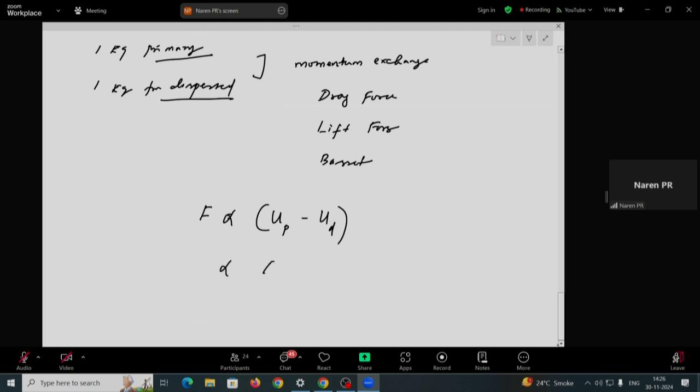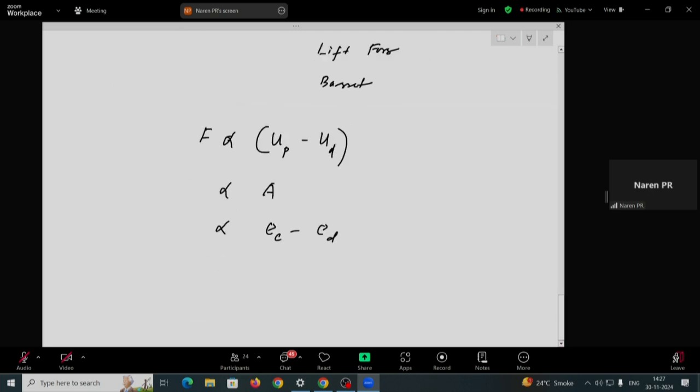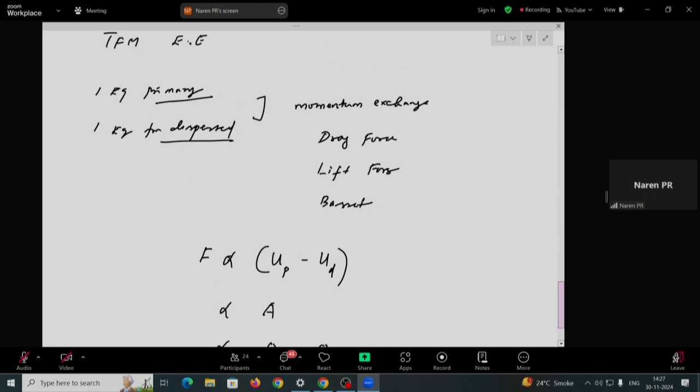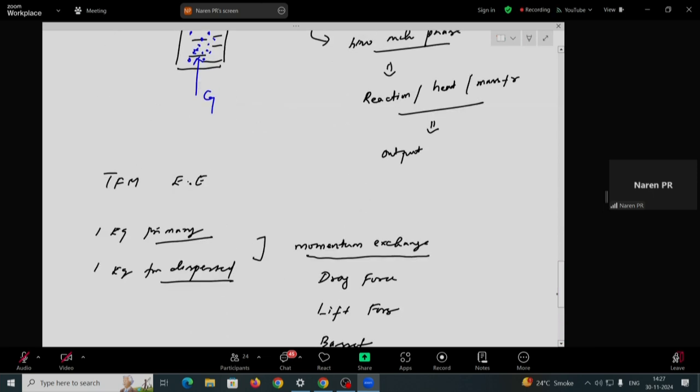It is proportional to the area of the dispersed phase. Obviously, it is proportional to the density difference between the continuous phase and the dispersed phase, or the primary phase and the dispersed phase. And there's obviously a proportionality constant, which is nothing but the coefficient of that force. So if it is a drag force, it is called the drag coefficient, or if it is a lift force, it's called the lift coefficient, and so on. Now, this momentum exchange factor is what needs to be introduced in the model.